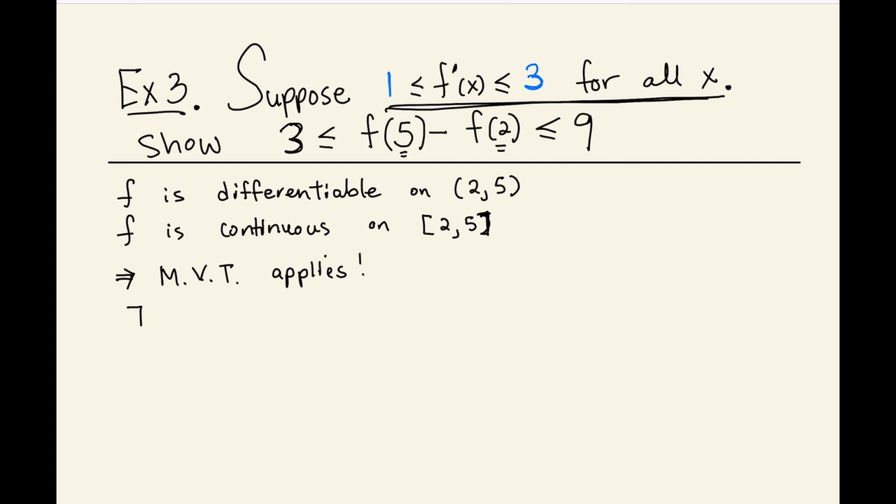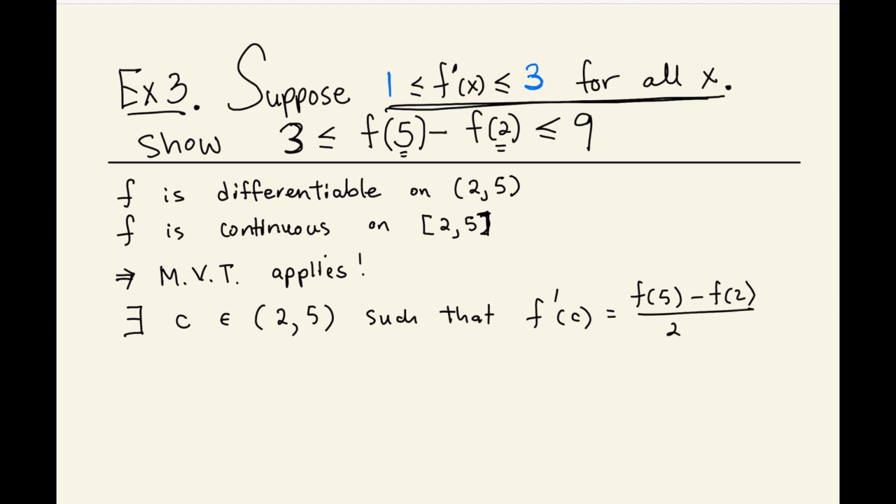Okay, and there must be some value c. So there exists c in the interval (2, 5) such that f prime of c is equal to f of 5 minus f of 2 over 5 minus 2. So basically this is telling me there exists a c such that f prime of c, the derivative, is equal to f of 5 minus f of 2, over the bottom, which is just equal to 3.